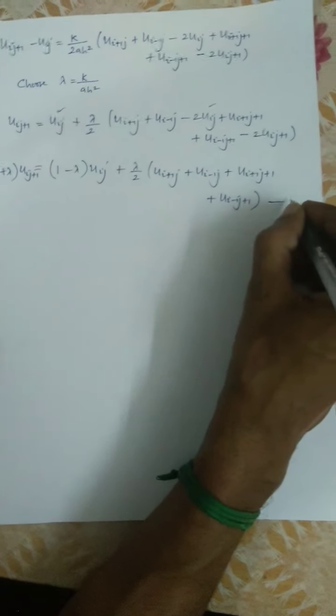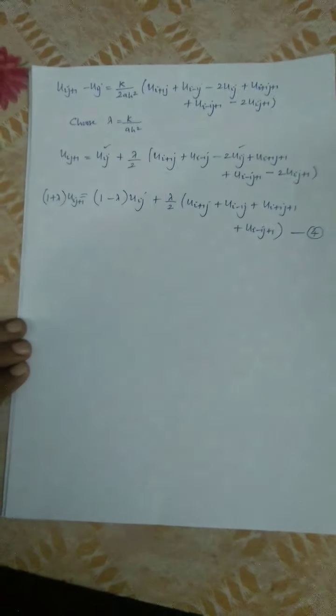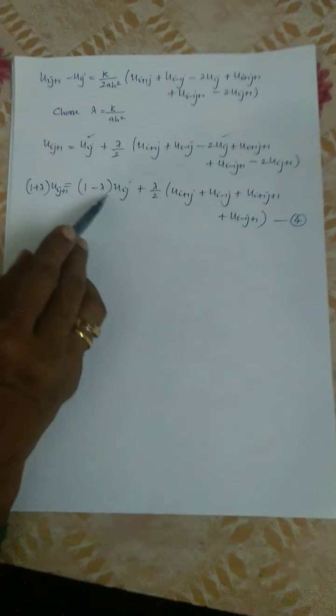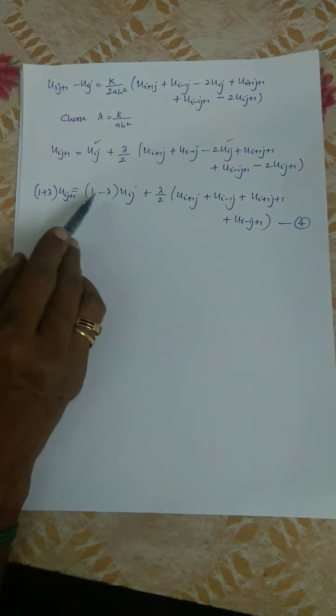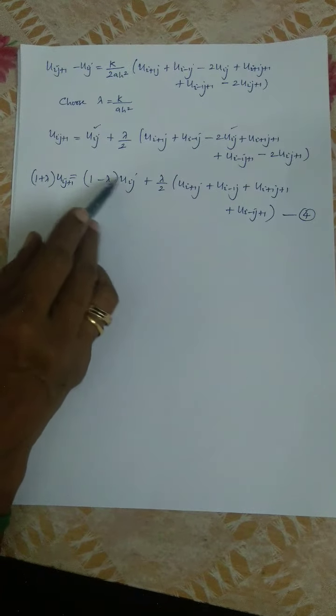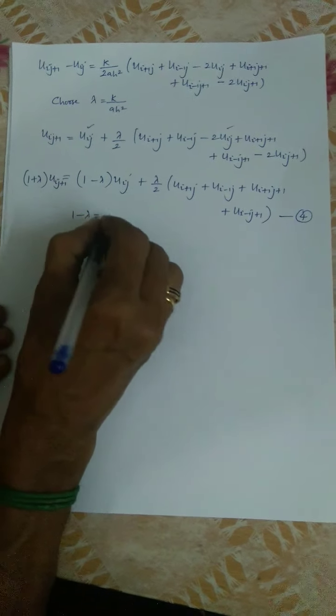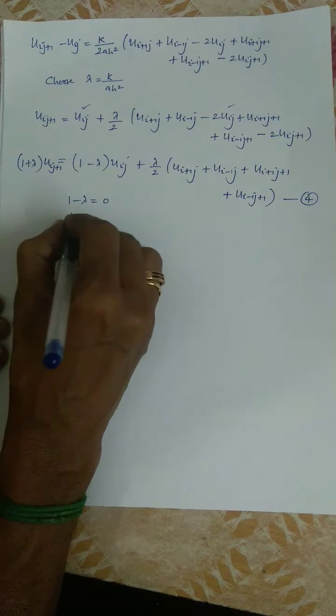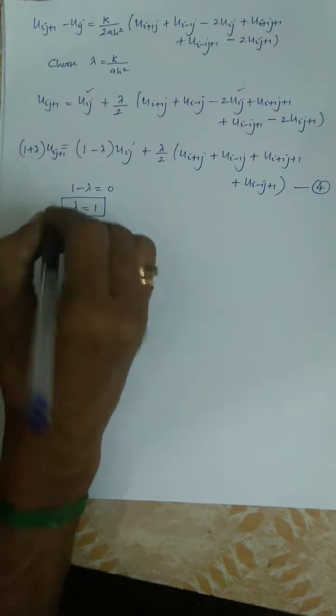I'll call this equation number 4. Now our ultimate aim is to dilute the coefficient to 0, that is, we have to dilute the entire U_ij to 0. Therefore, I am going to choose 1 minus lambda equal to 0. I am going to dilute this coefficient to 0. Therefore, lambda equals 1.